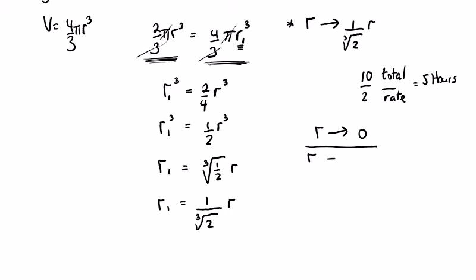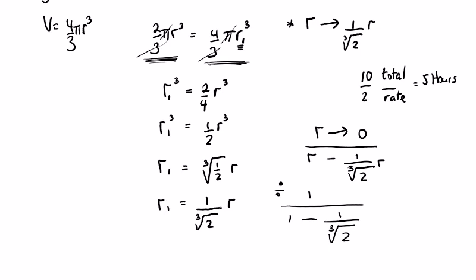So after an hour, it was 1 over the cube root of 2 times R. So it goes from R to 0 on top, and the rate of change is R minus 1 over the cube root of 2 times R. So we can factorize out R here, actually. If we divide each term by R, we're going to have 1 on top, and on the bottom we're going to have 1 minus 1 over the cube root of 2. So that's how we can end up with just a number here.